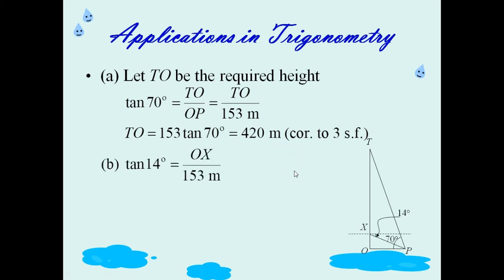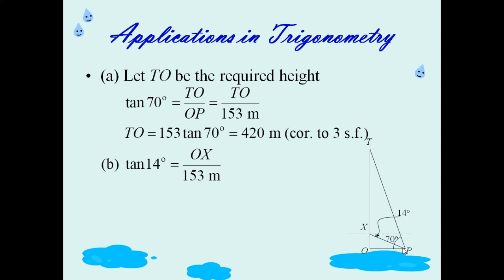The next step is we want to draw a point X here, which makes an angle of elevation that is just 1/5 of the original angle. So we have 70 degrees divided by 5, which is 14 degrees.